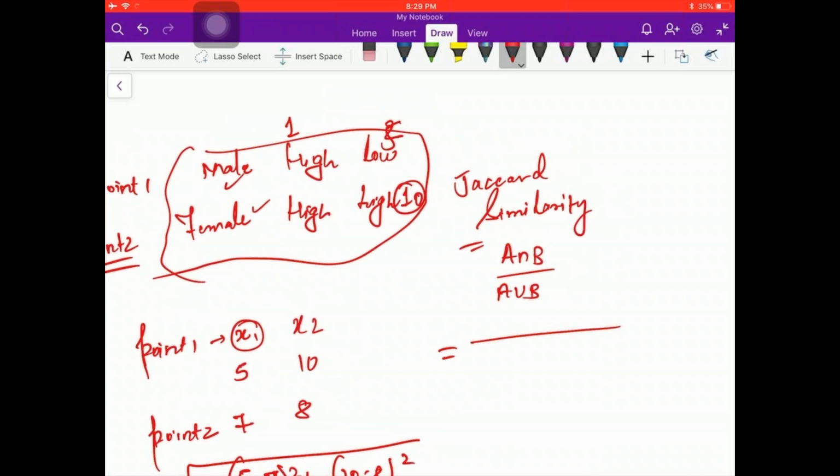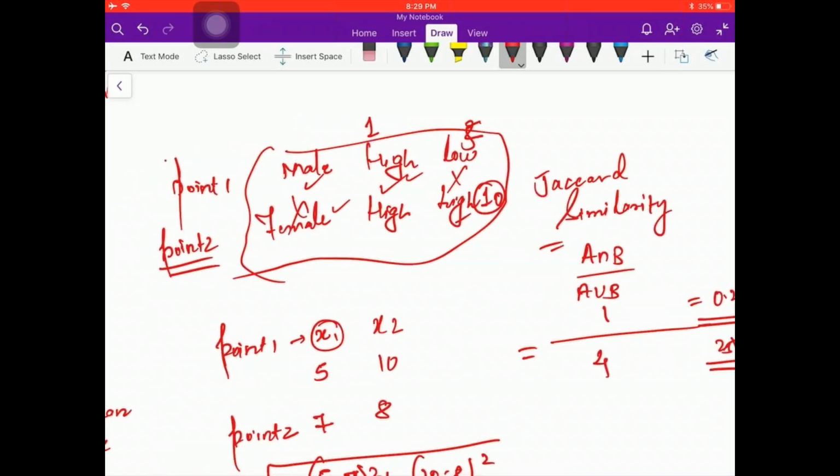Male, female, 1, 2, high, low. These are the total possible values that each of these variables can take. So 4. And what is common? This is not common, this is common, this is not common, so 1. So this is basically a 25% match between point 1 and point 2.